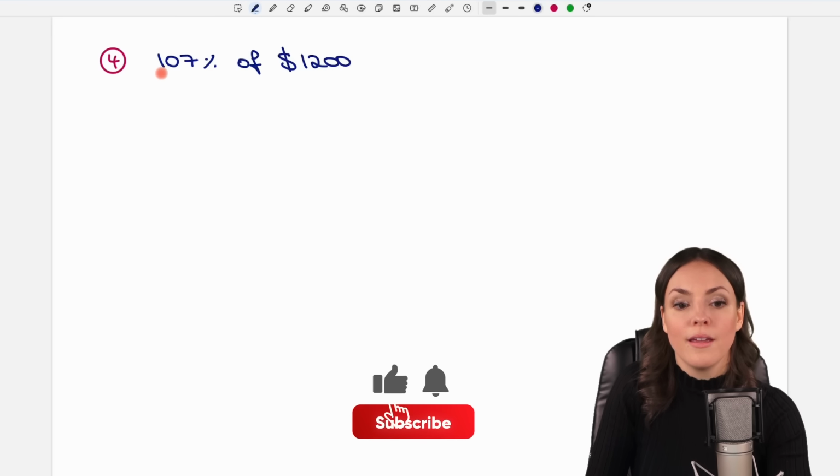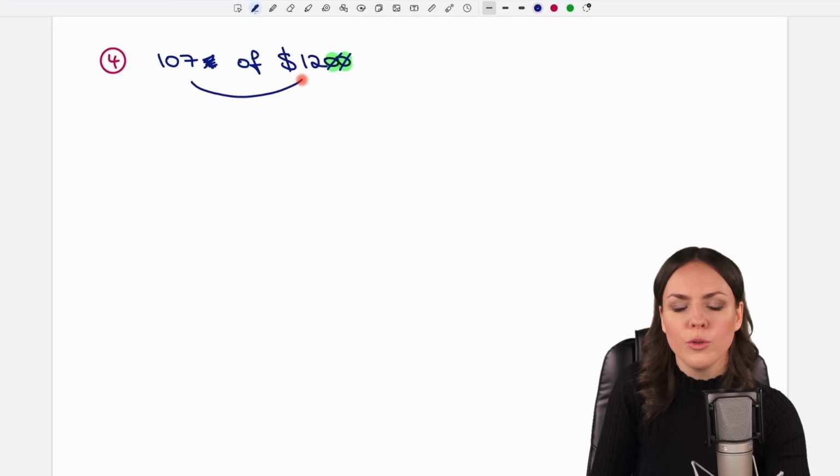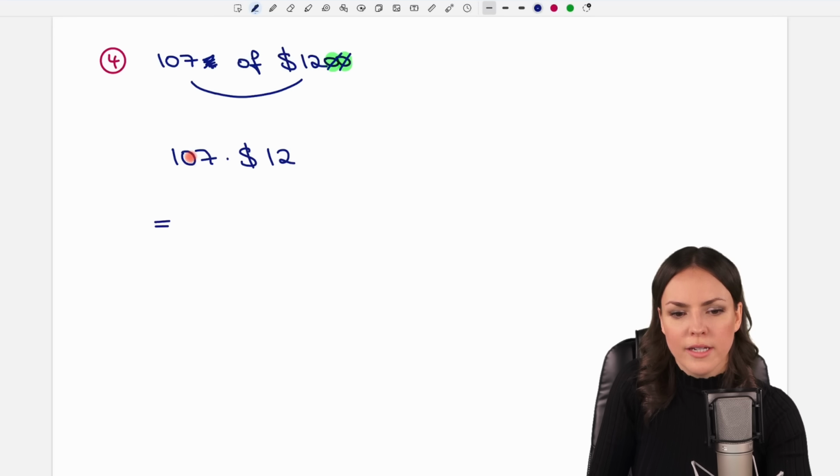Number 4. This method also works if we have more than 100%. So we take a look at our numbers. We have zeros here. We cancel 2 of them out with the percent sign and just multiply the other 2 numbers. So we have 107 multiplied by $12. 12 times 107.